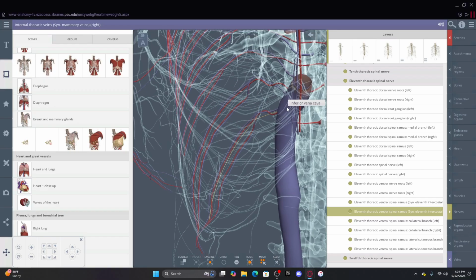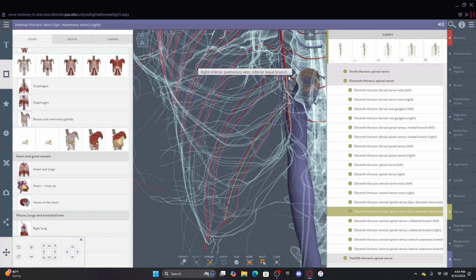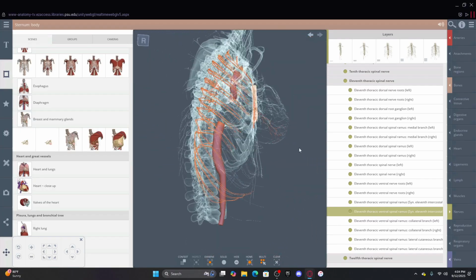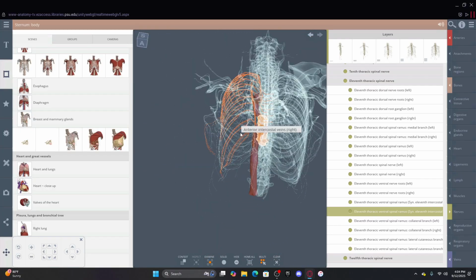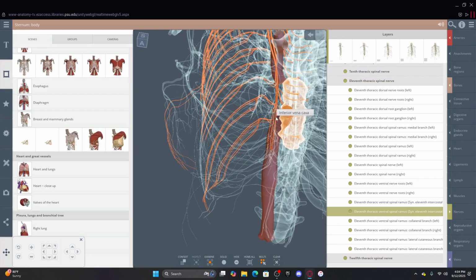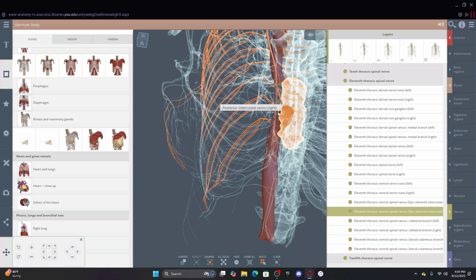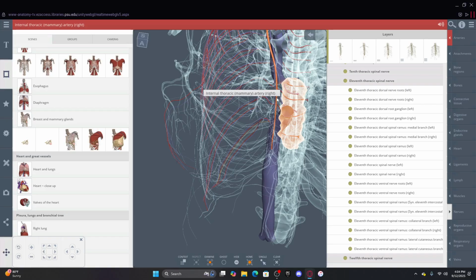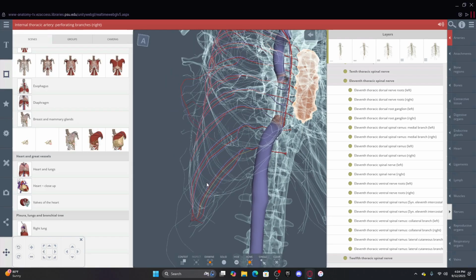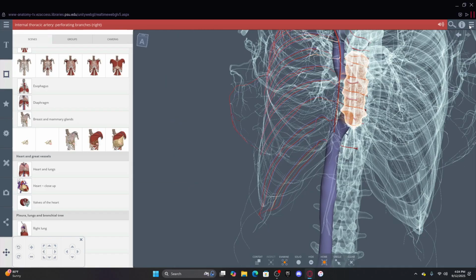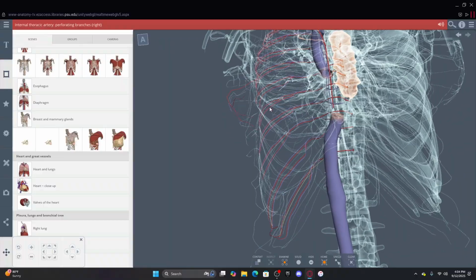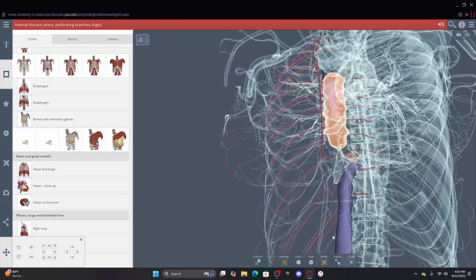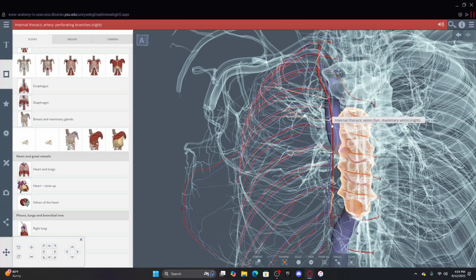If I examine, I can see them right here. I hope that's a better picture for you. That's a little bit better. So internal thoracic artery, internal thoracic vein.